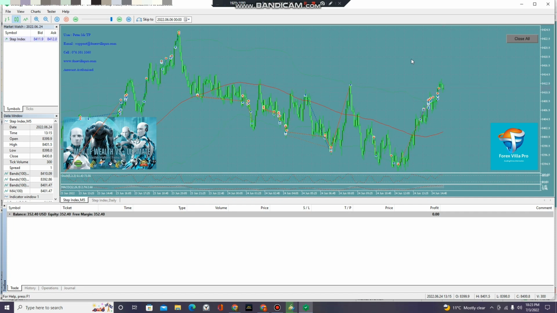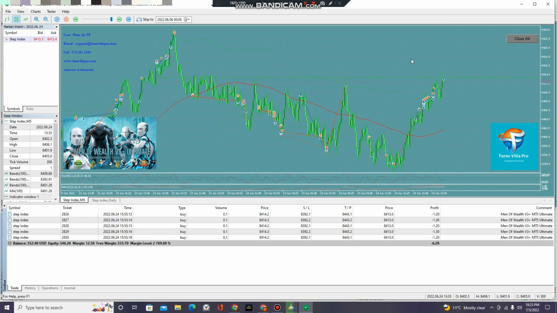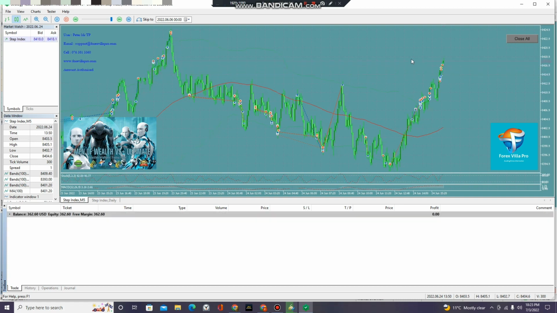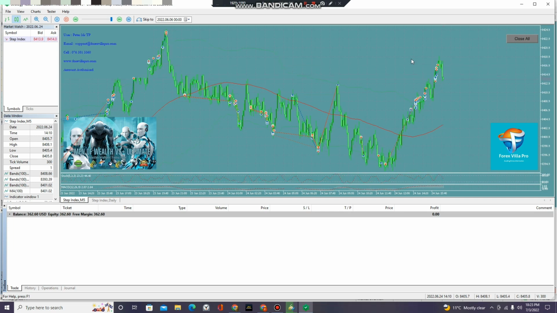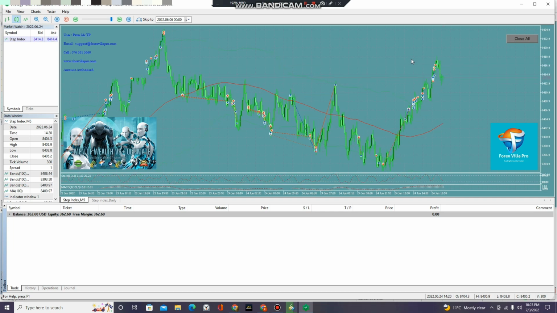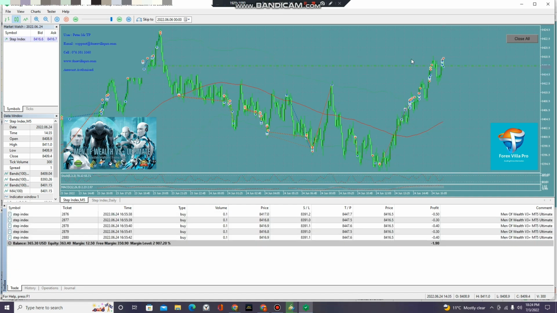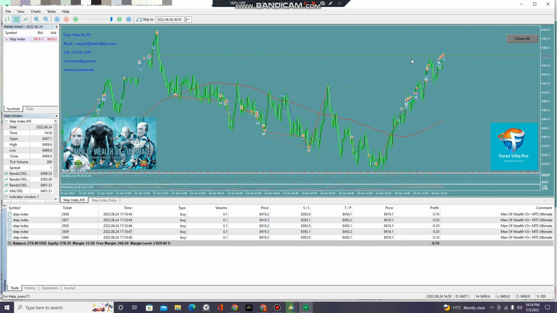But now the system looks like it's recovering rapidly, guys. Look at those buys that it's taking there. Look at the recovery. I'm telling you, after one or two losses, don't be discouraged, guys. Let's look at another win. Look at those wins right there.